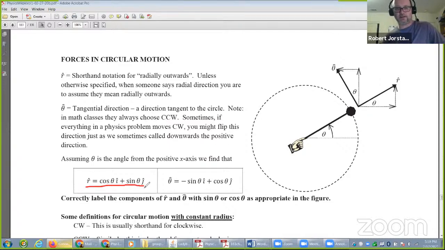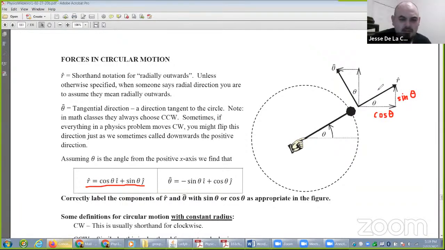Now notice this here. Here's r hat: cosine theta in the i hat, and you can label this yourself, and sine theta in the j hat. What is the magnitude of r hat? Is it 1?